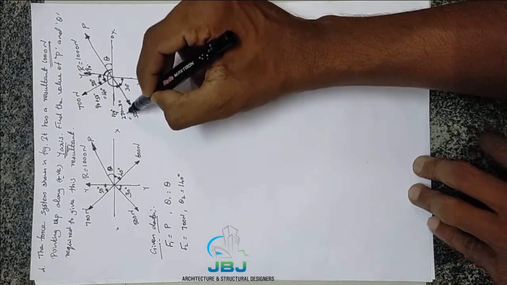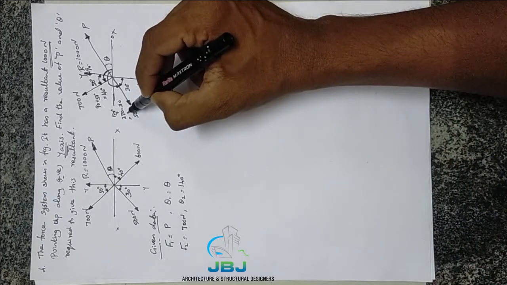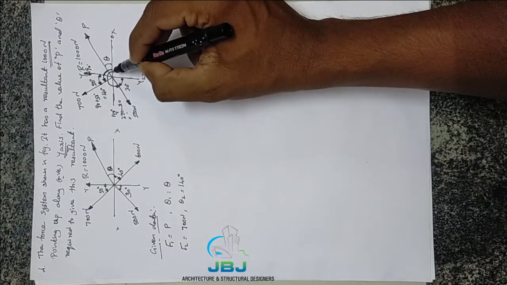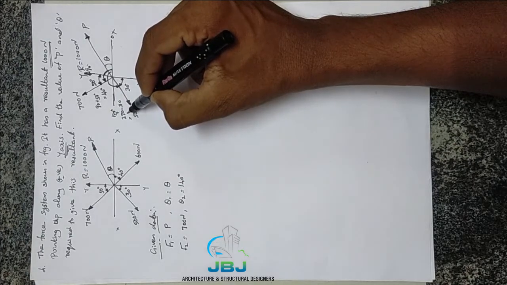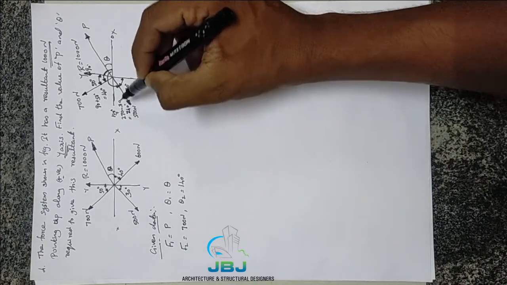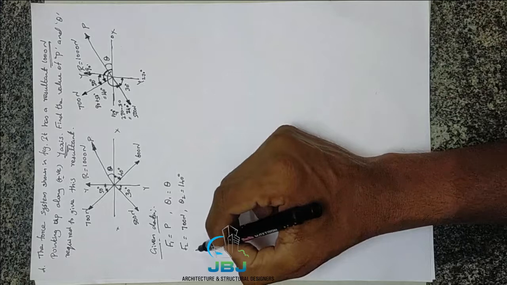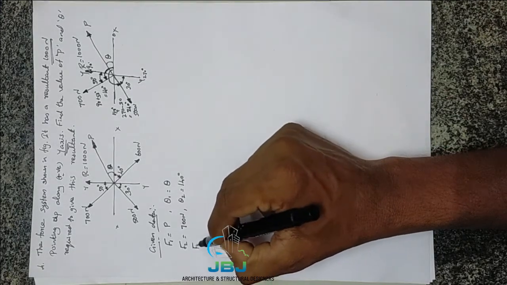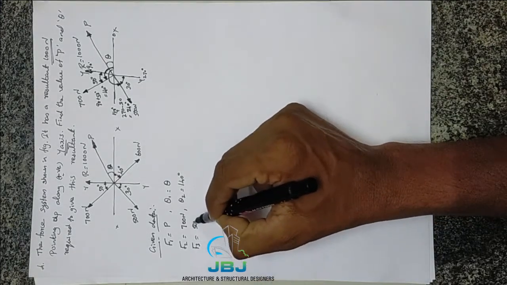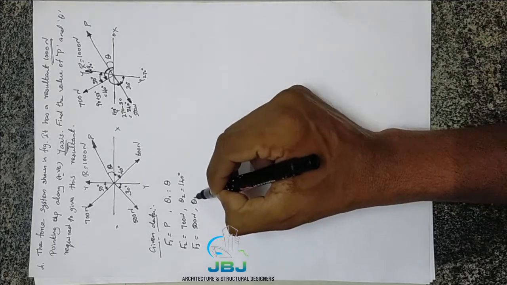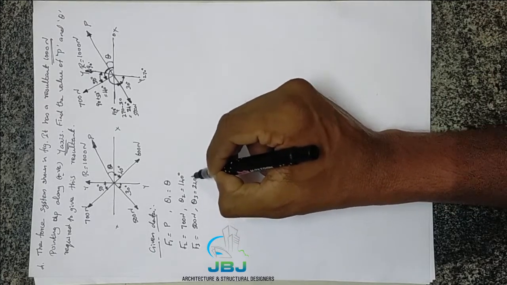If we deduct 30 from 270, we will get the theta from the x-axis, that is equal to 240 degrees. So you can write F3 equal to 500 Newton, theta 3 equal to 240 degrees.